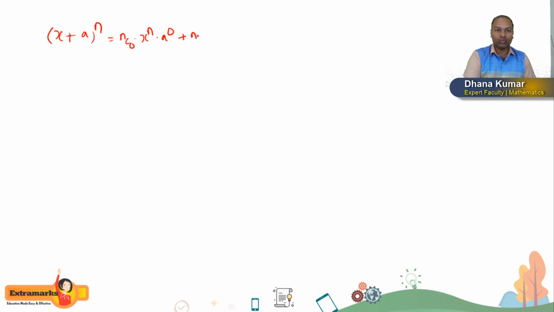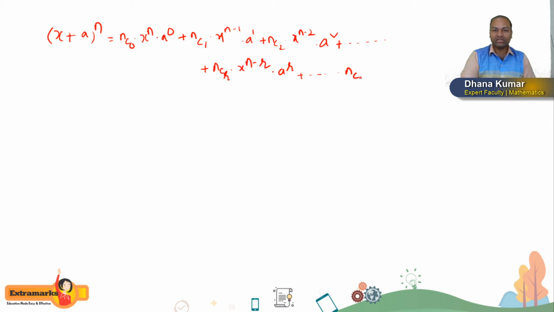Plus nC1 into x power n minus 1 into a, plus nC2 x power n minus 2 into a square, plus so on, nCr x power n minus r into a power r, plus so on, nCn x power 0 into a power n.